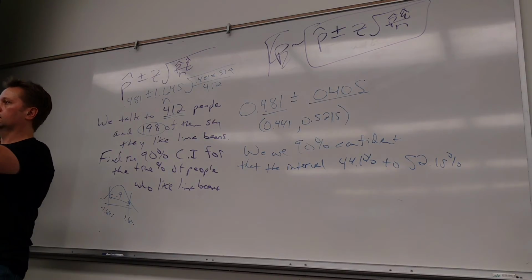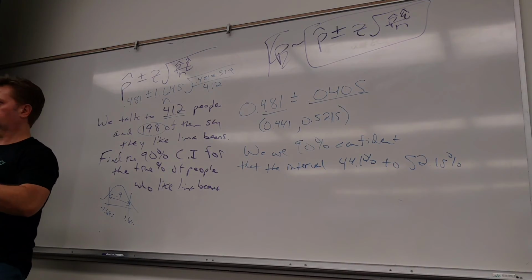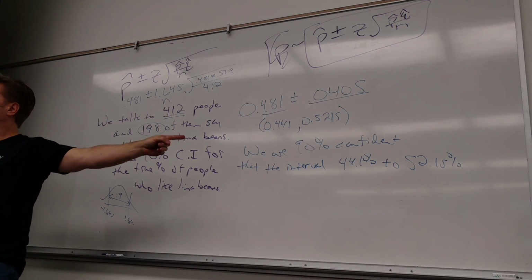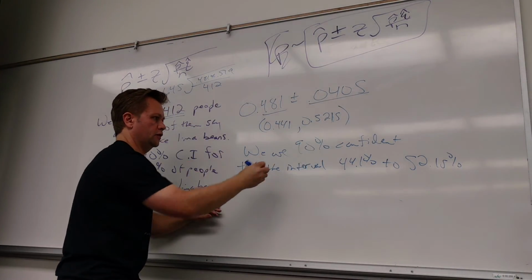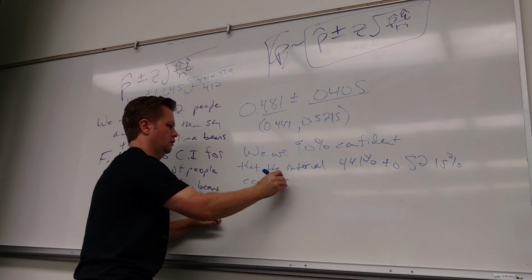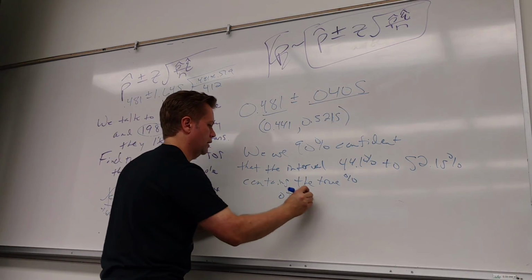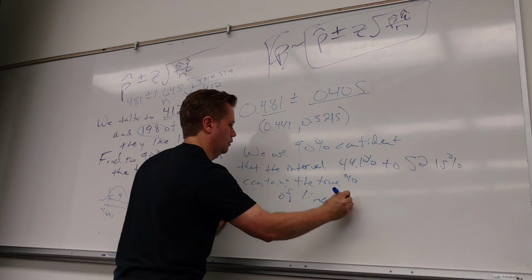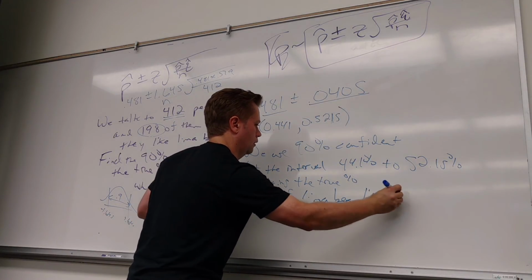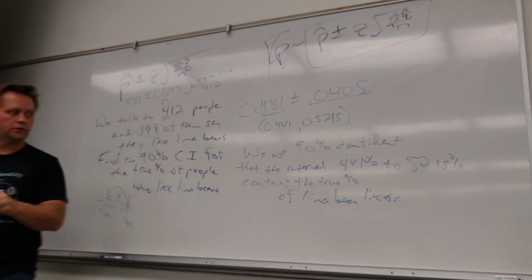Contains the true percentage. Everything's about percentages. That the interval contains the true percentage of people who like lima beans. Not lima bean lickers, I don't know.